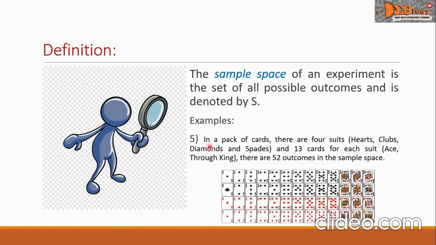Example 5. In a pack of cards, there are 4 suits, which are hearts, clubs, diamonds, and spades, and 13 cards for each suit, that is from ace through king. There are 52 outcomes in the sample space.